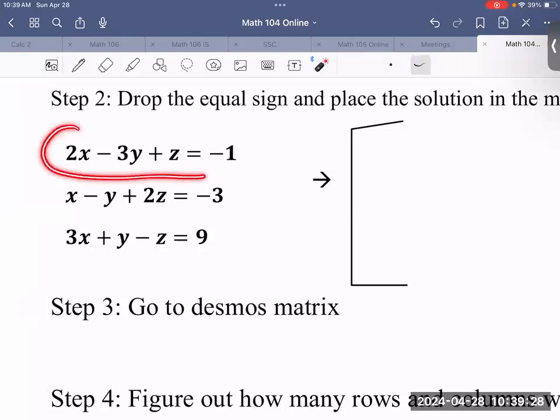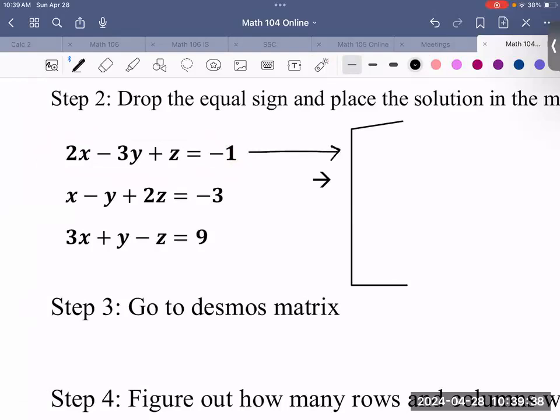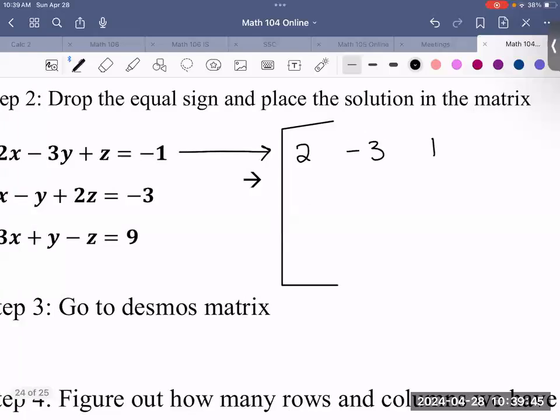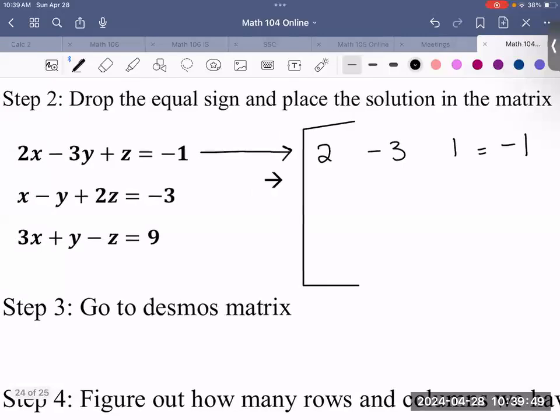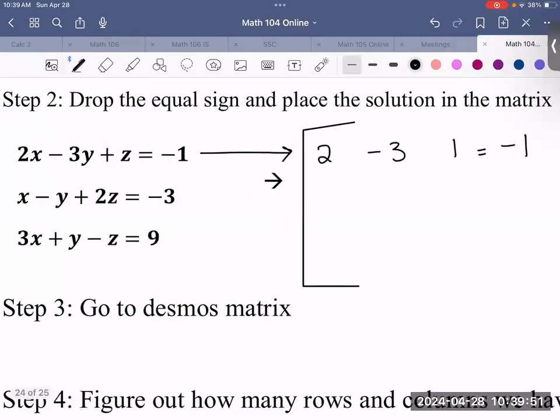All right, so looking at all of your coefficients from above, we're just going to write them as you see it. We're going to essentially drop all of your variables. So in this first equation, we have a 2, a -3, a 1, and then a -1. You can put an equal sign here if that helps you orient yourself, but we will be dropping them.